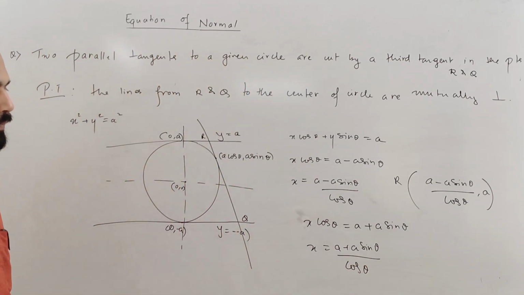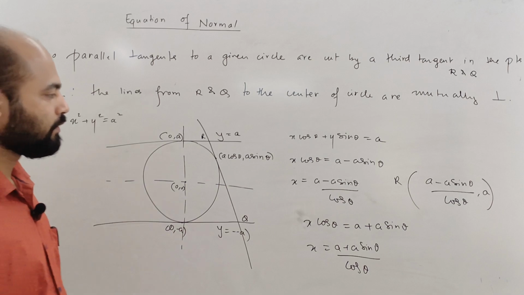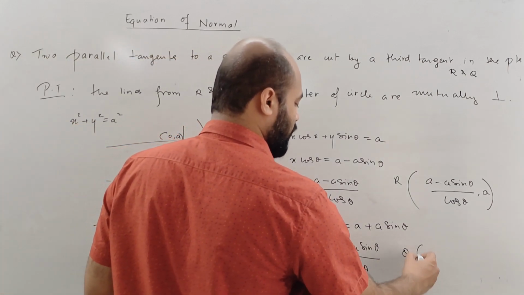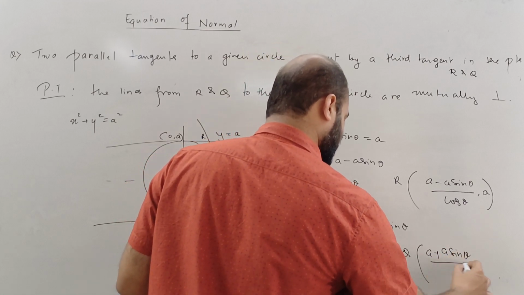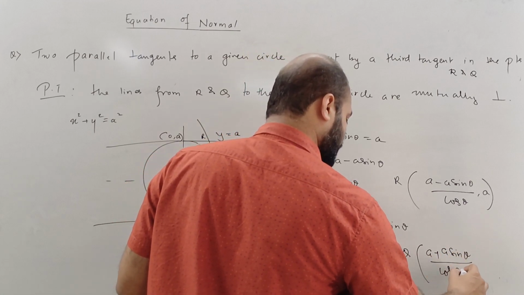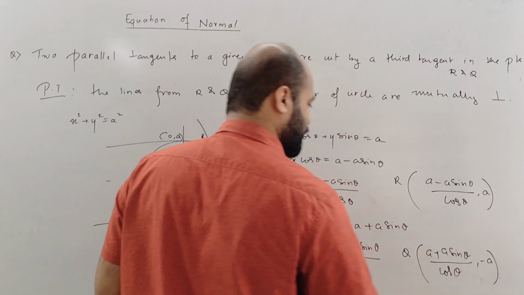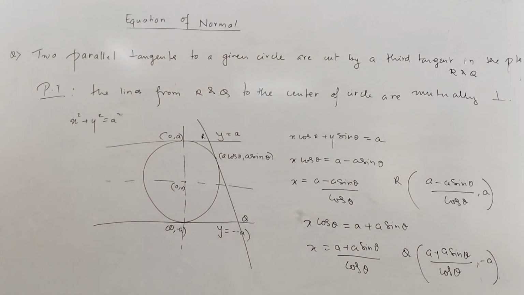We get the point Q as ((a plus a sin theta) by cos theta, minus a). Great, so we have got points R and Q.